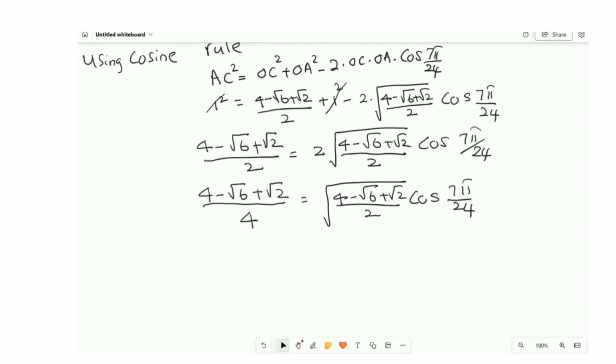Now I can divide this one. I will write this one as half of 4 minus square root of 6 plus square root of 2 divided by 2.